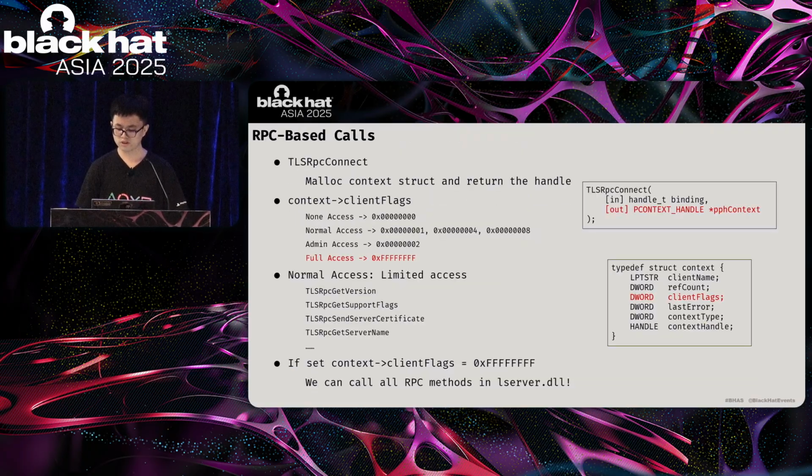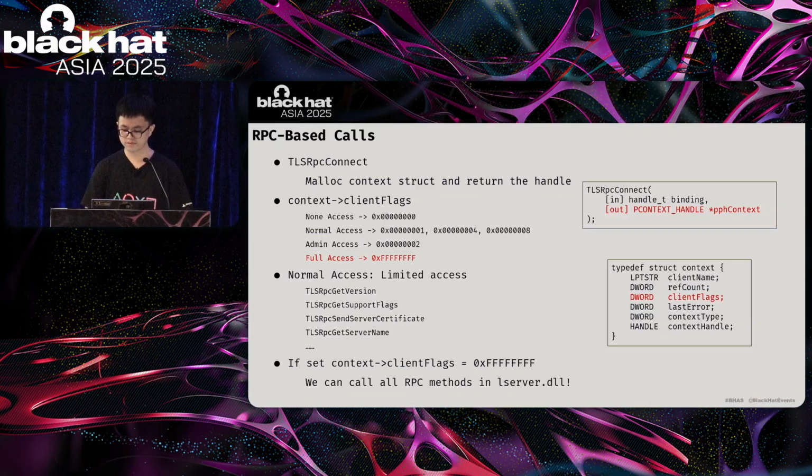The first one is the RPC interface TLSRpcConnect. We first need to call TLSRpcConnect to establish a connection. The server will unmarshal a context handle and impersonate the client to check whether it has admin privileges on the server. If it has, the client flags member in the context is set to 2.